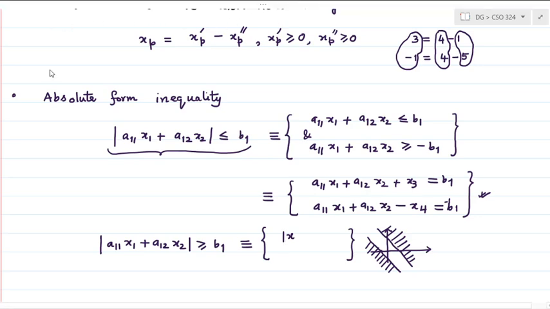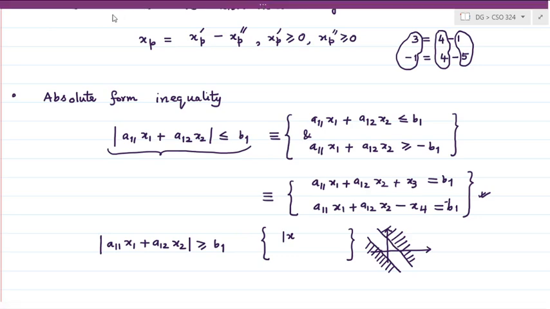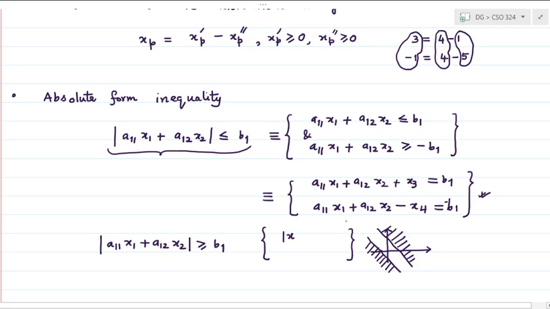For instance, if you draw this and try to find the region where the absolute value is greater than or equal to 1, you will find that this is the region. That means this set is a null set, an empty set.